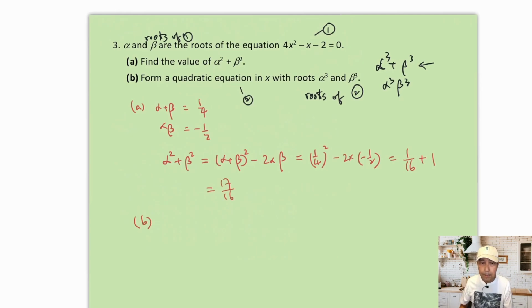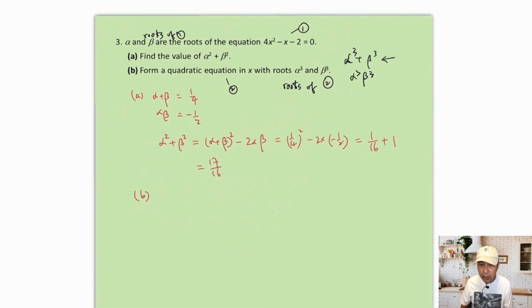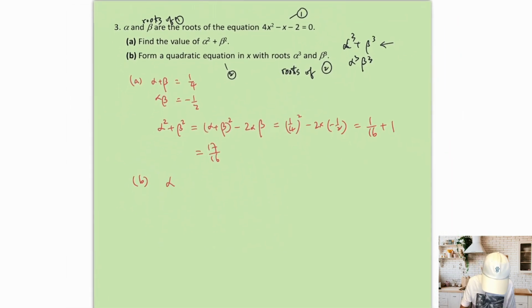Part B. We are going to find alpha cubed plus beta cubed, and later alpha cubed times beta cubed. The factorization of alpha cubed plus beta cubed, I hope you remember. Otherwise, you can check the last episode. It is equal to alpha plus beta times alpha squared minus alpha beta plus beta squared.